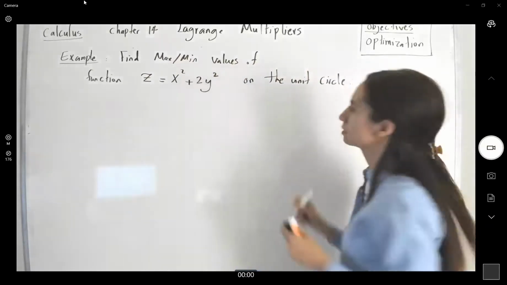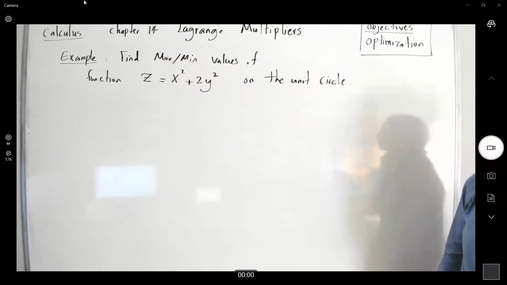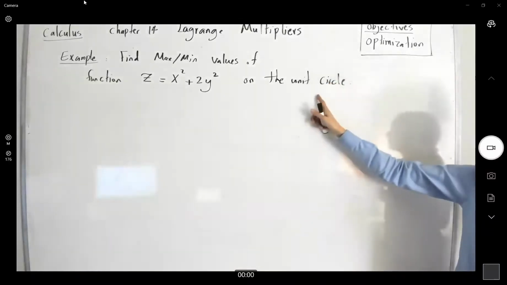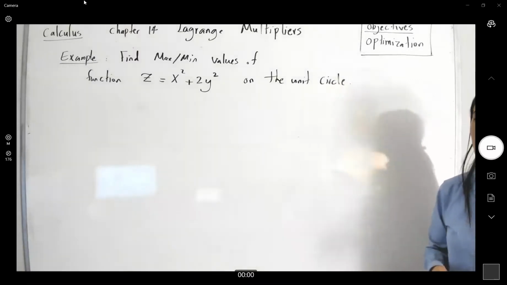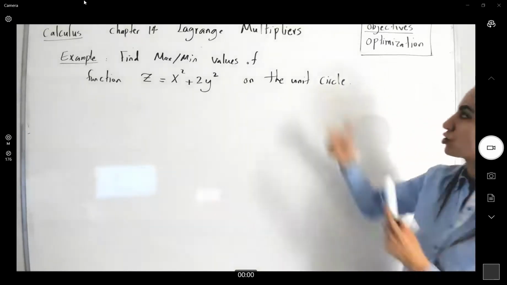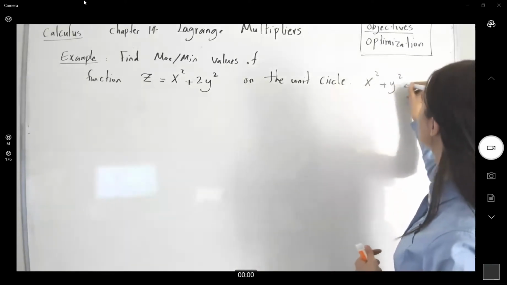Very well. So, for example, we're trying to maximize or minimize this function, and we know that the constraint here is the unit circle. It's bounded to the unit circle. Very well. The equation of the unit circle is x squared plus y squared equals 1.